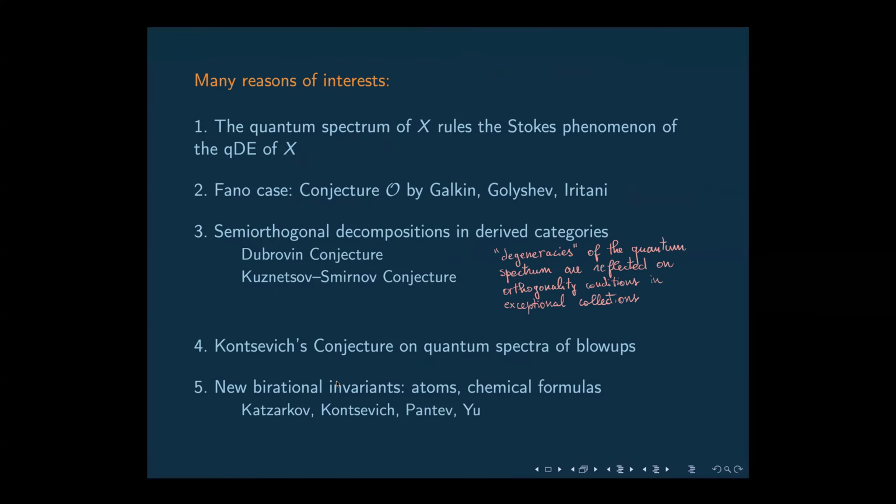There are many reasons of interest for studying this quantum spectrum. Here I just mention five of them. First of all, the quantum spectrum is a main character as long as you want to develop the isomonodromic approach to quantum cohomology.